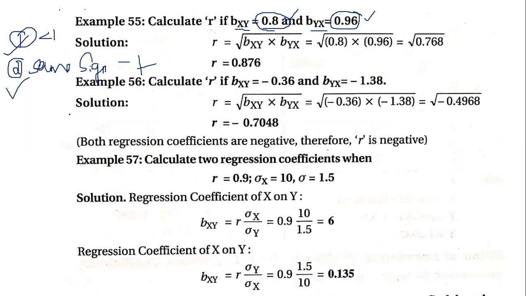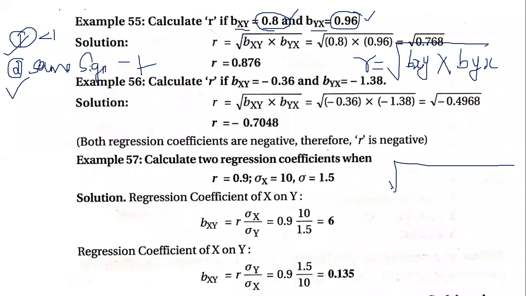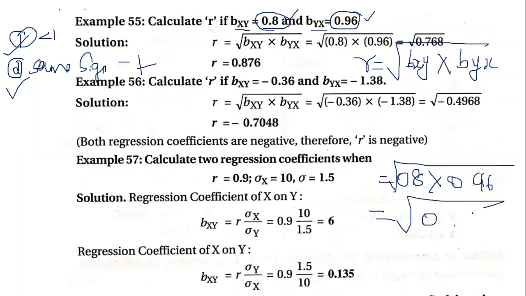Now let us solve. We have to find R when bxy and byx are given. Very, very simple. Square root of bxy times byx, that is 0.8 times 0.96. So you get the square root of 0.768, and the value of R is 0.876.